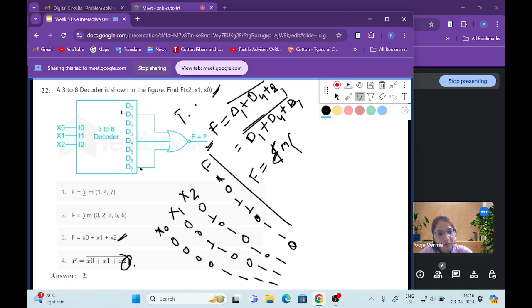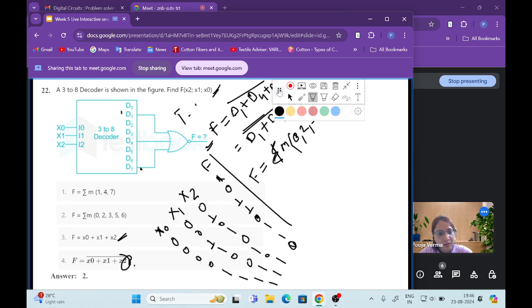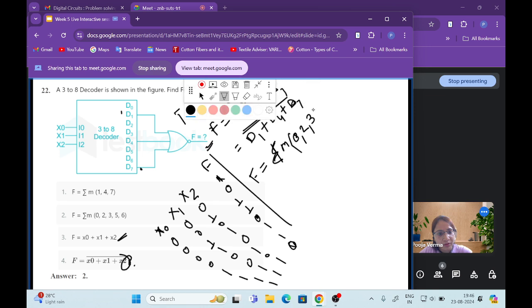M, what are the places where it is 1? At 0th we can write it directly 0, and where is the other one? It is 2, then 3. Where are the other places where it is 1, that is 5 and 6, right?